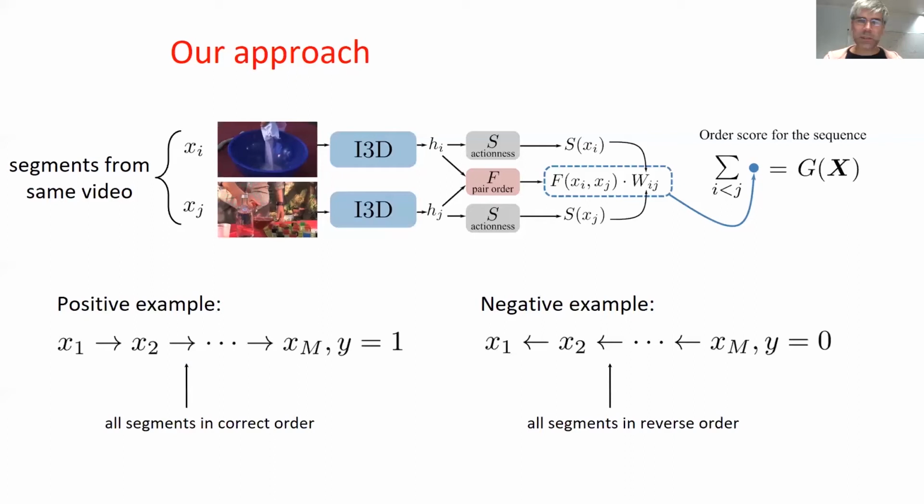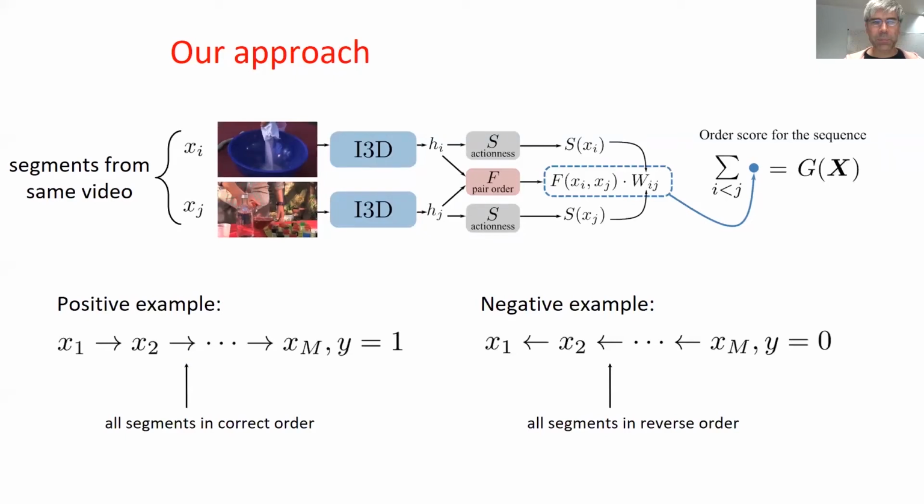First is a network S, the actionness, and then there's another network F which predicts whether these two segments, xi and xj, are in the correct order, forward or backward. Of course, because they are taken from original videos, the order information is free.